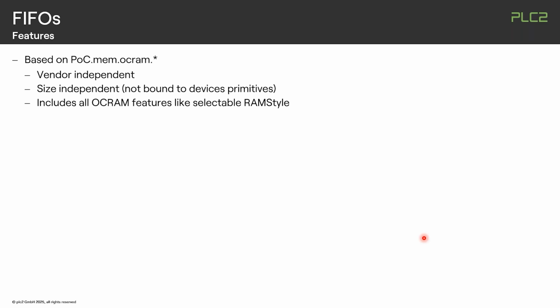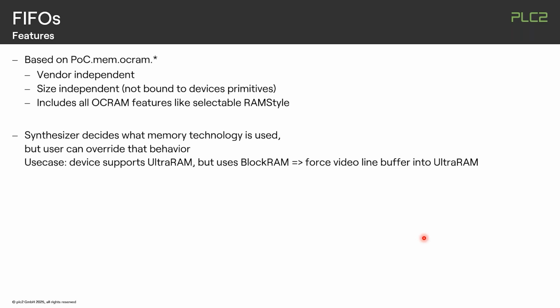This gives us vendor-independent implementations. We are size independent. We are not bound to any primitives in the device, and we can also use the features of OCRAM, like selecting the RAM style. That's quite nice that it's built on top of it. This means the synthesizer, as I said, can decide on the memory technology itself, and the user can override it.